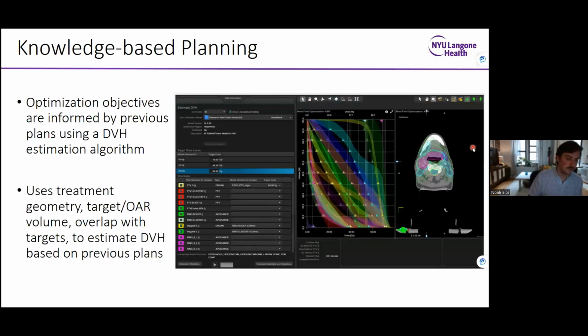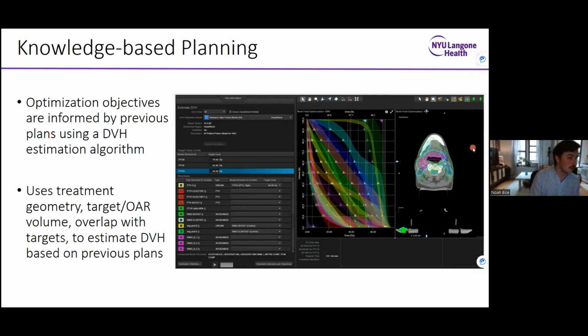Another interesting topic is knowledge-based planning. The idea behind knowledge-based planning, which again has been commercially implemented, is to take the information from previous patients that you've treated and automatically populate optimization objectives.